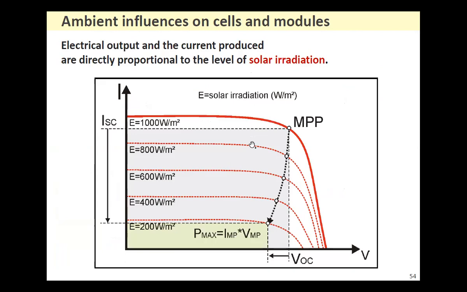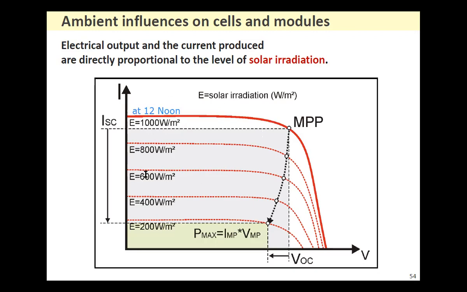Now, as I told you, this maximum power point actually depends on the solar irradiation. Normally at 12 noon, we get an irradiation of 1000 watt per meter square. So at that time the maximum power point is located here.